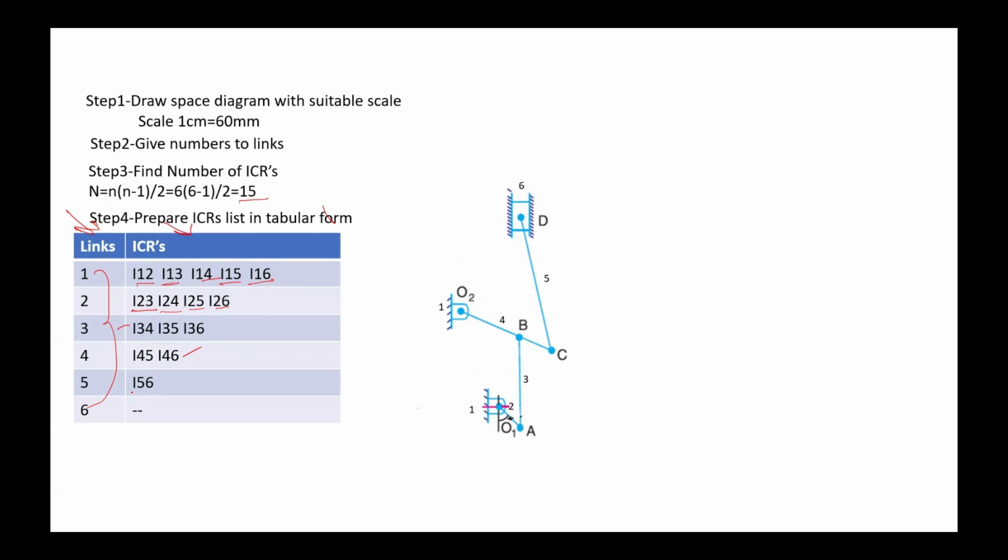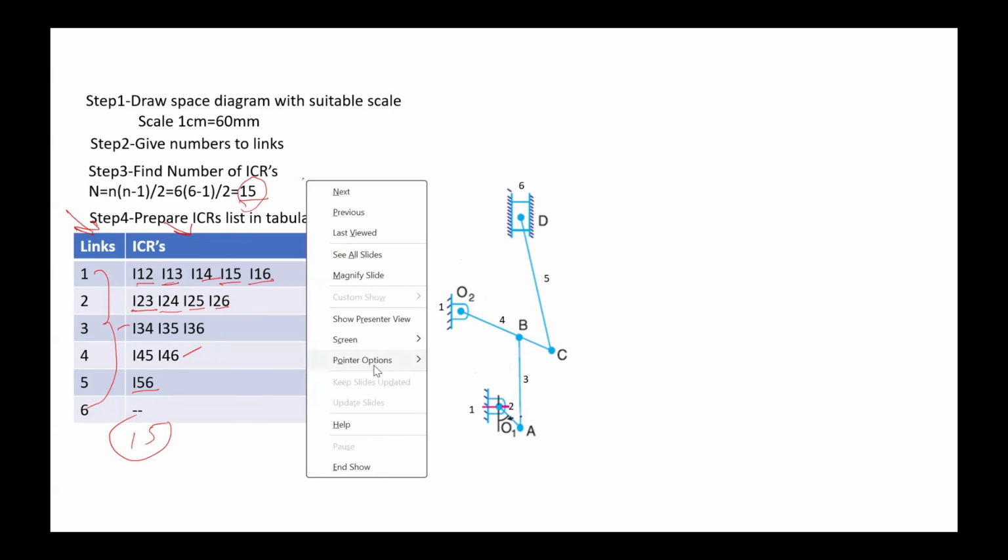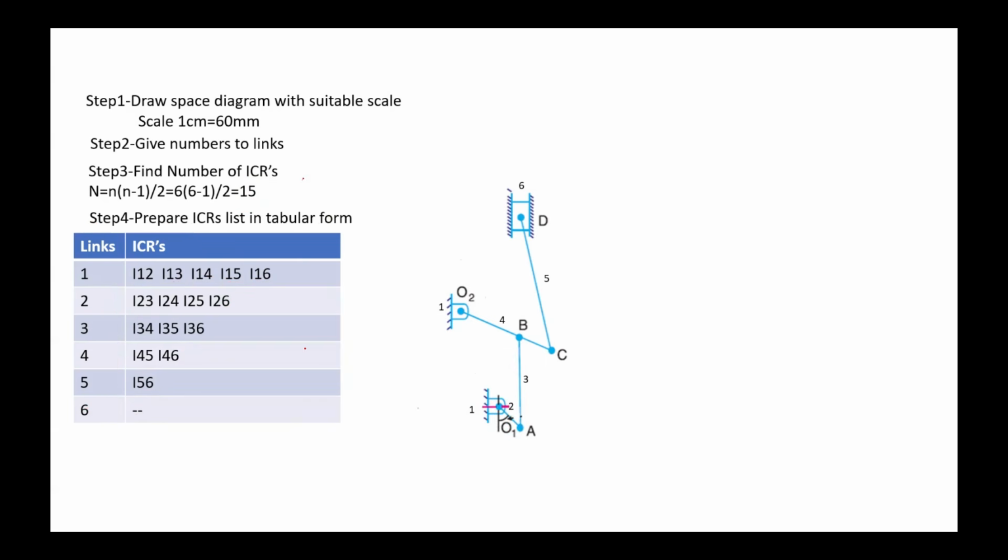In this way, the fifth link will have I56, only one ICR. If you count, you will find a total of 15 ICRs in this table, and it matches your calculated ICRs. So this is the step of making the ICR table. After making the ICR table, you have to mark them on your space diagram.